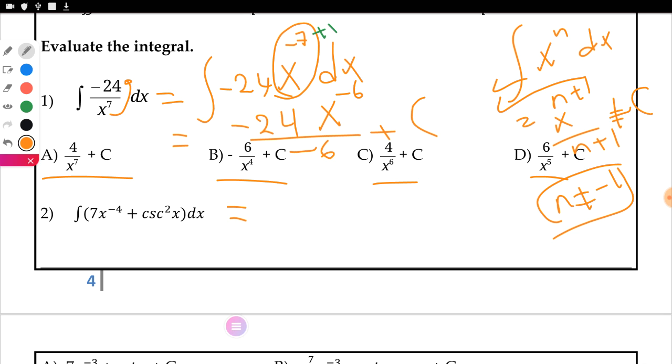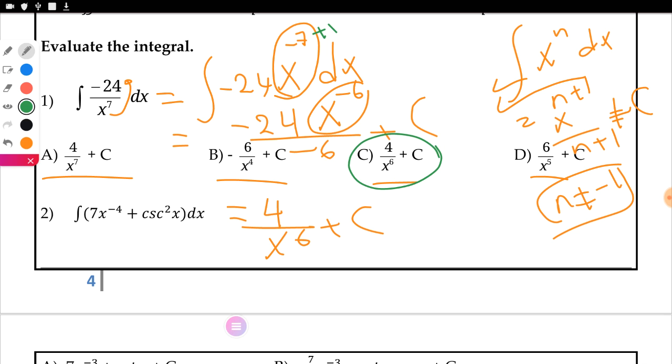It will be negative 24 over negative 6, which is 4. But x to the power negative 6, I don't keep in the numerator. I have to write it in the denominator to be in the simplest form. So the correct choice is part C.